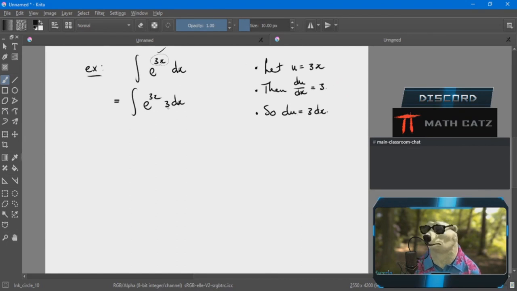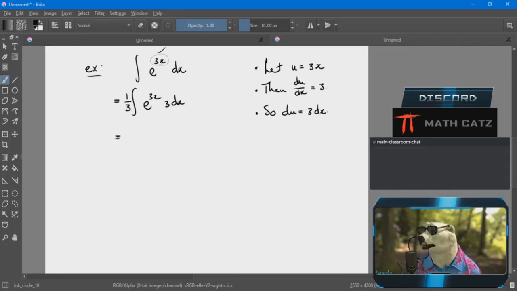I need a 3. But I can't just make a 3 out of thin air. I need to balance it by paying the price. That 1/3 price doesn't play a role in my antiderivative. So I leave it in front. It does need to be there in my answer, but it's not going to play a role right away.